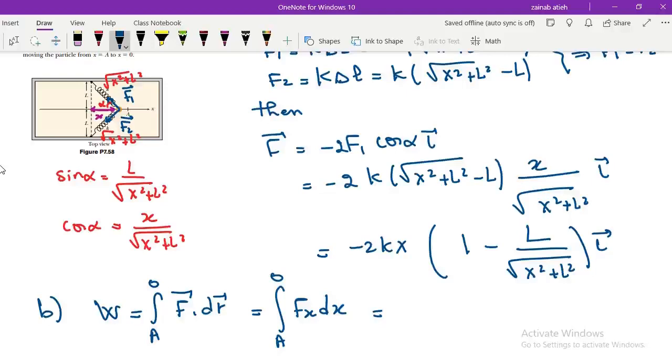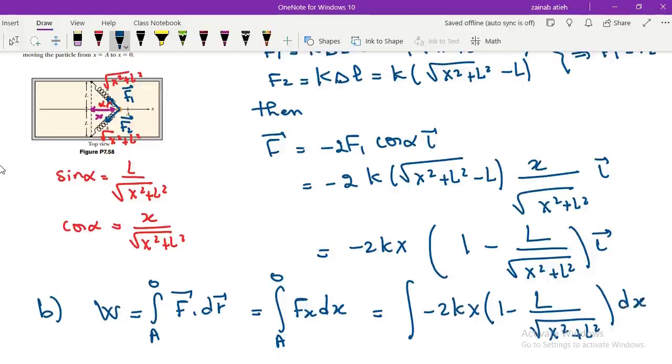I just copy it without the i, because the i went away with the dr. It will give minus 2kx times 1 minus L over radical x squared plus L squared, dx. Remember, from a till 0.